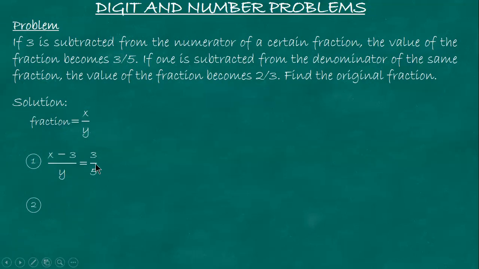So x minus 3, and y has no changes. The numerator has 3 taken away, and the result is 3/5. The second sentence: if 1 is subtracted from the denominator, the denominator has 1 taken away, and the result is 2/3. There are no changes to the numerator. Subtract 1 from the denominator, and the result is 2/3.